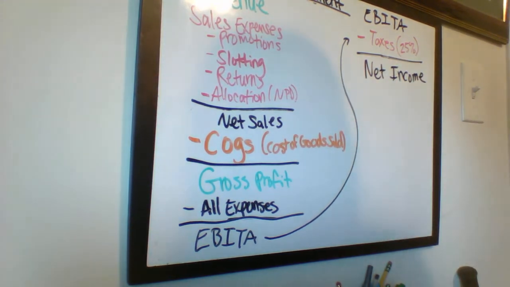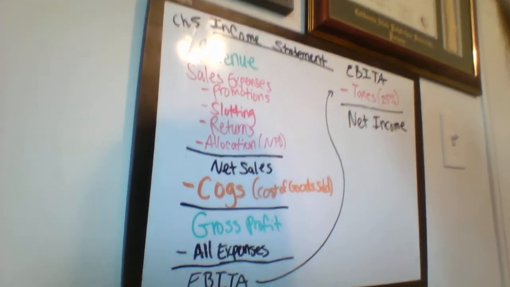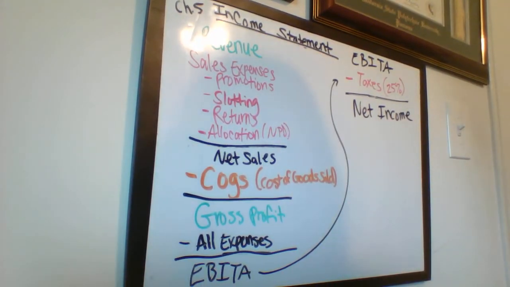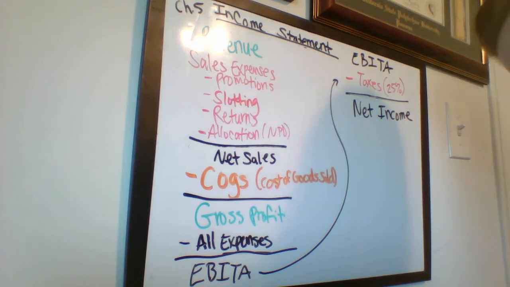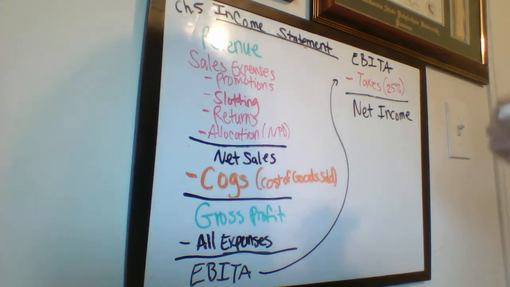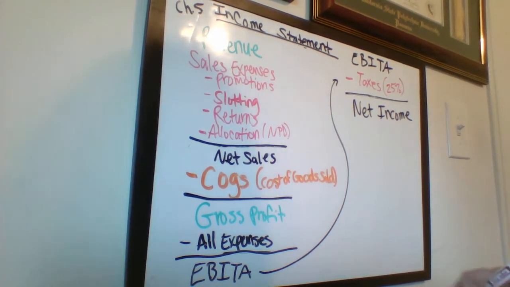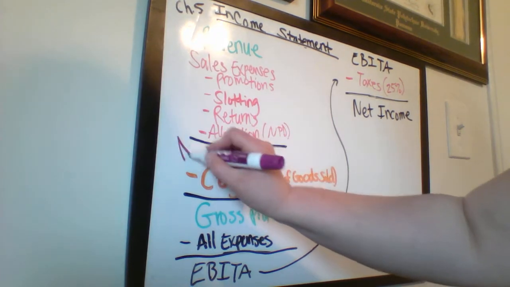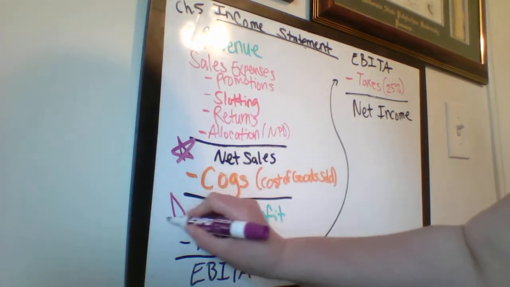Okay, this is the new chapter 5 income statement you're going to have to remember. The reason for that is because there are two major ratios that you're going to know. But in order to calculate those ratios, you need to know net sales and you need to know gross profit.